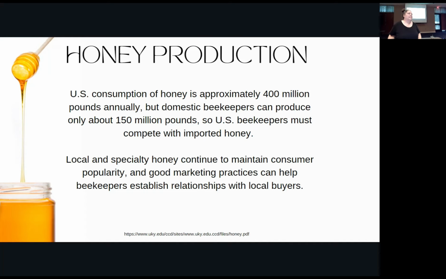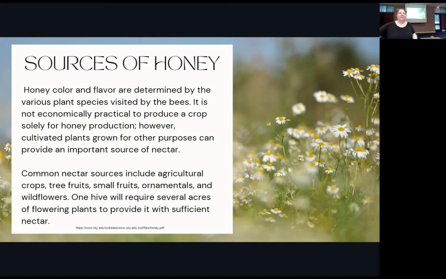And remember, bees forage up to a 5-mile radius. I mean, typically it's about 2, maybe 3. They don't want to go much further than that, but they can go up to 5 miles. So what's around you in that 5-mile radius? What's blooming? What do you have going on?